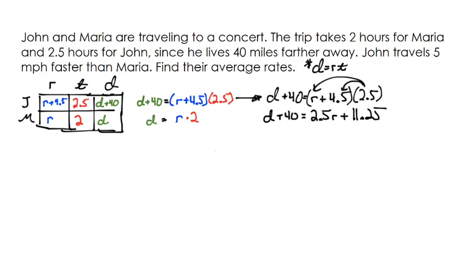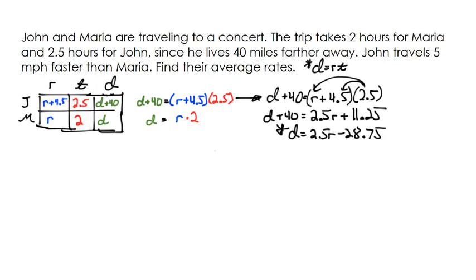Then I'm going to subtract 40 from each side. So we have D equals 2.5R, and when I subtract 40 from the constant, we get negative 28.75. That's one equation.